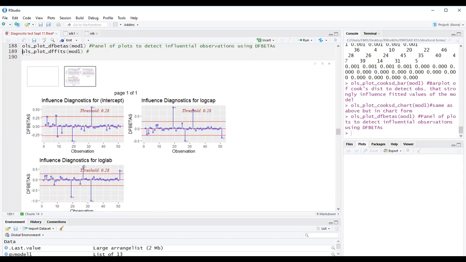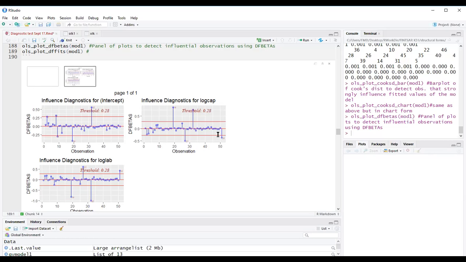May mga candidates siya na influential points. Si 27, si 31 ba to? 19. Talagang lumalabas yung tatlong to. Si 32 talaga yung pinaka-highest pointer, no? Tapos ganoon din si log cap, guys. Kay log cap ang pinaka si 19 eh. Asan si 32? I think this is 32.